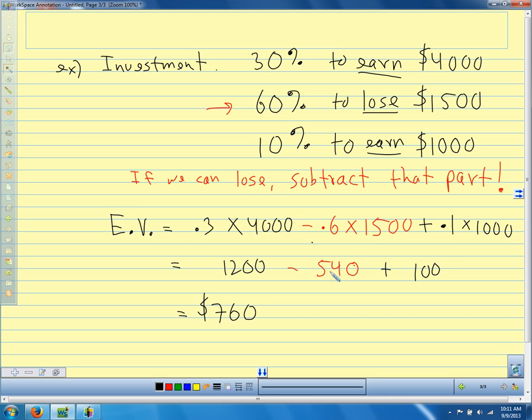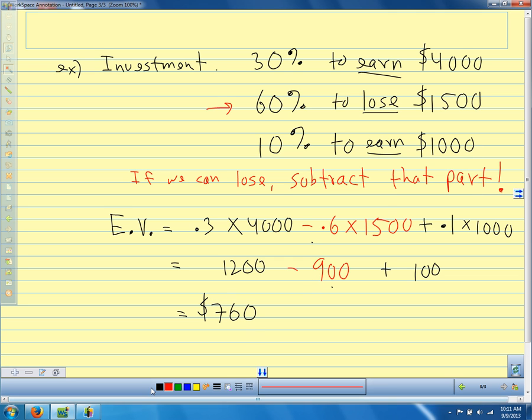Yes, so this should be minus, you're right, minus 900. Thank you. What I wrote down on my piece of paper here is 0.6 times 900 instead of 0.6 times 1500.